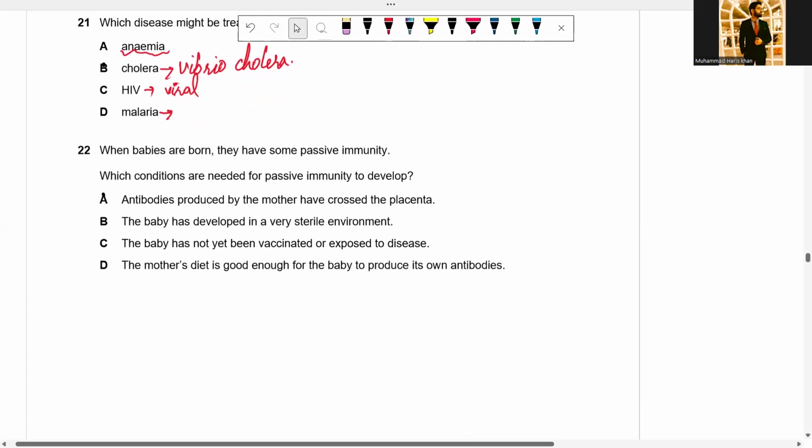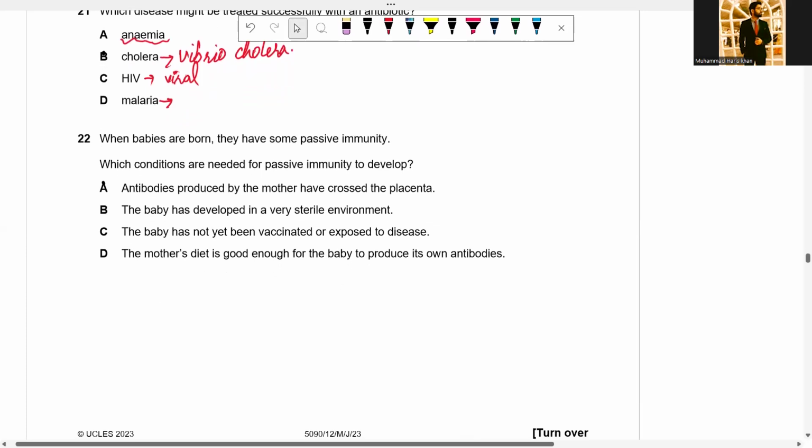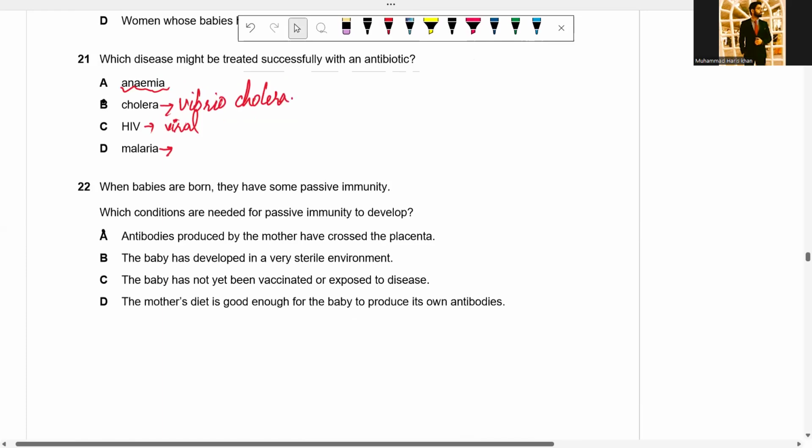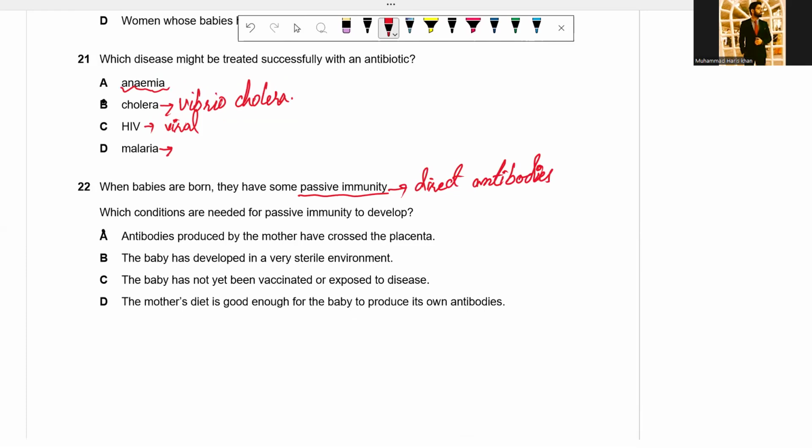Question number 22. When babies are born, they have some passive immunity. Passive immunity is caused by direct inoculation of antibodies. In natural passive immunity, by feeding milk to babies, the antibodies are transferred from the mother to the baby.